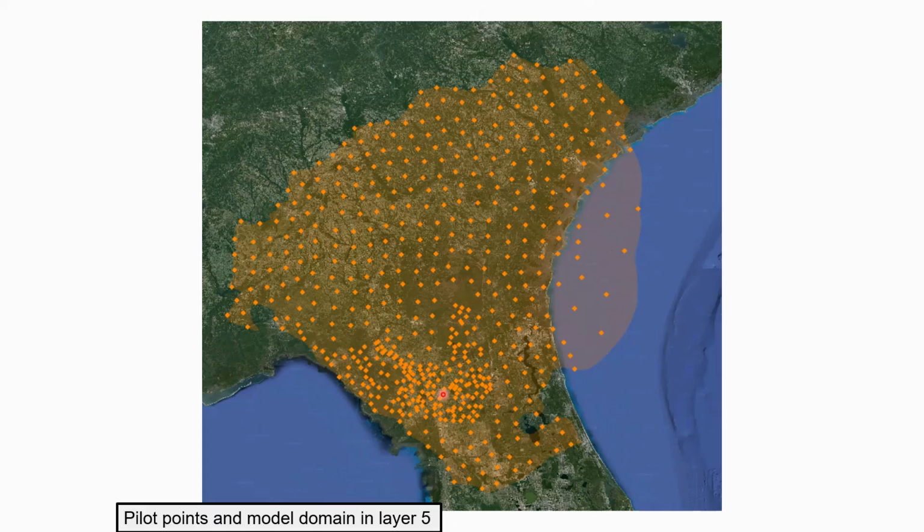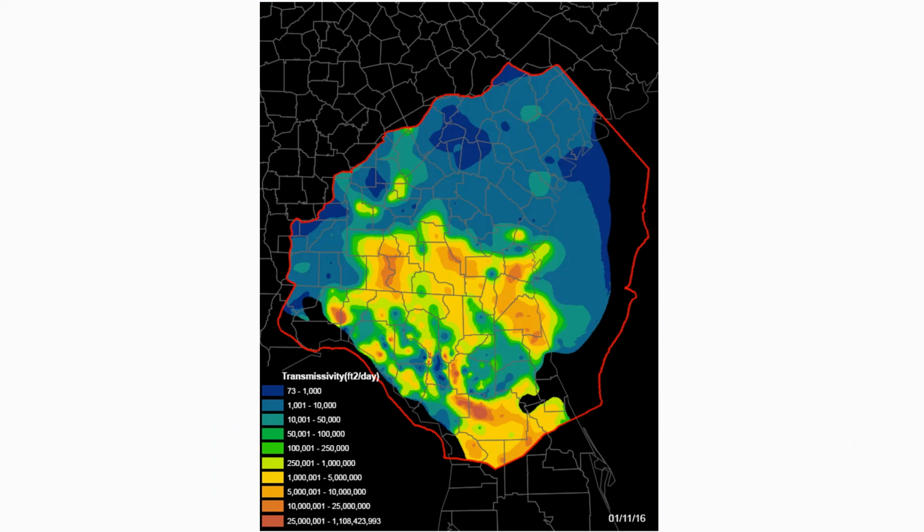Another layer of the same model. Once again, we can have more small-scale detail heterogeneity in some places and broader scale heterogeneity in other places, easily adapting itself to the differential densities of the pilot points from which interpolation takes place.